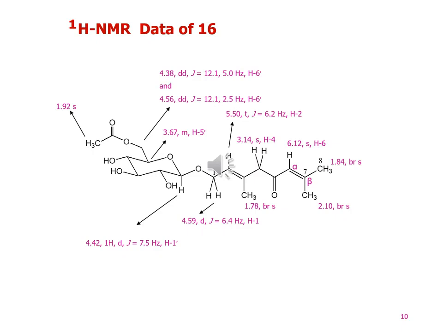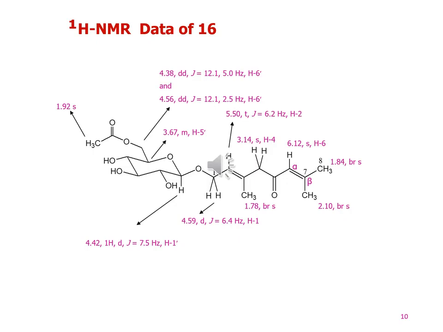The proton NMR spectrum of this molecule showed a signal for a tri-substituted double bond of an alpha beta conjugated ketone at δ 6.12, one proton singlet, that is proton 6. Another signal for a tri-substituted double bond at δ 5.50, one proton triplet, J value 7.2 Hz, for proton 2.